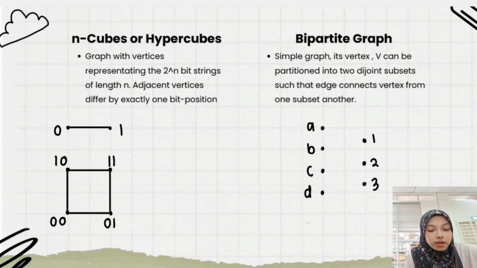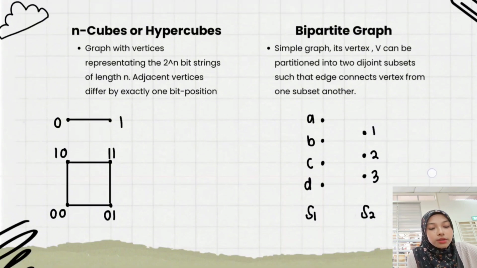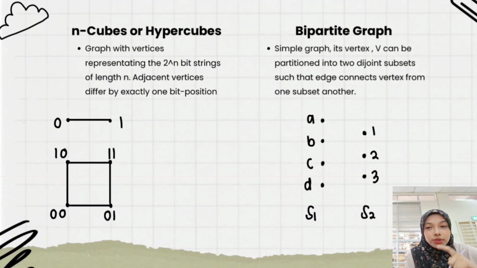We name this one S1 and this one S2. A bipartite graph means that you cannot connect S1 to S1 or S2 to S2.